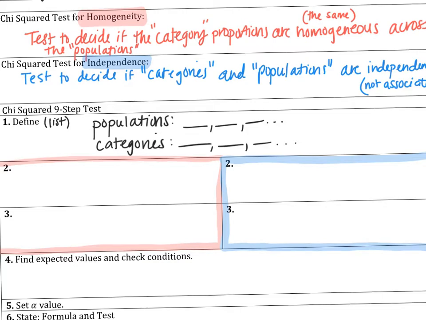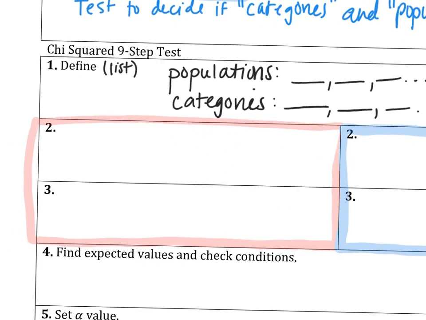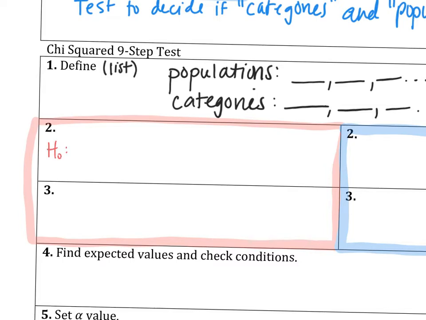Okay, so for chi-squared tests of homogeneity, the null is that the categories, and this should always obviously be in context, are homogeneous or the same across the populations.